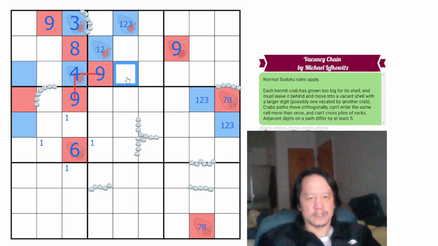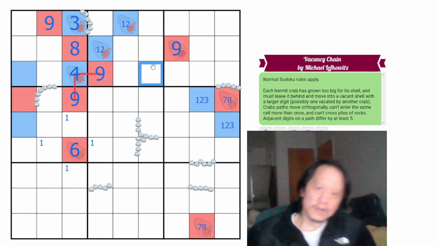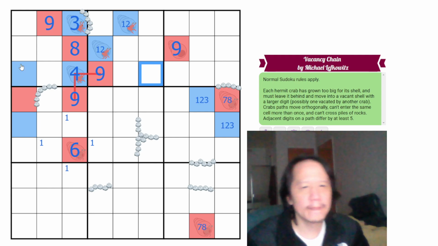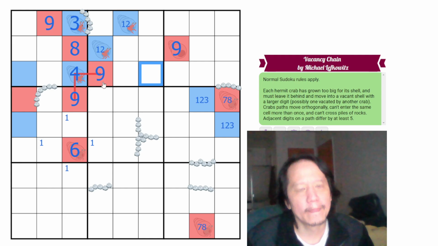So it must exit out this way. This can't be 3. So I guess it could go something like that, except it can't.